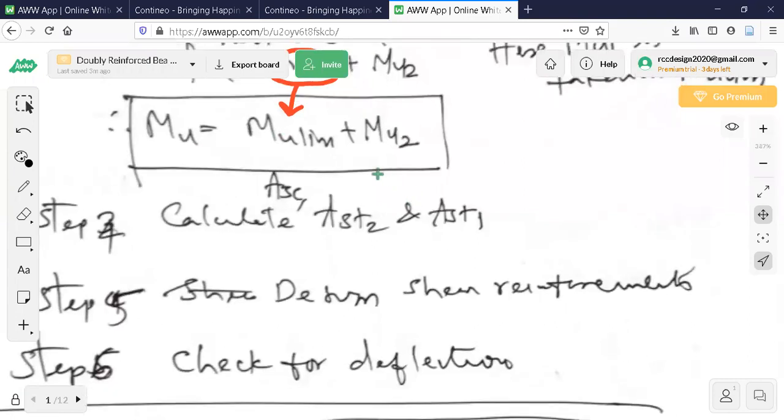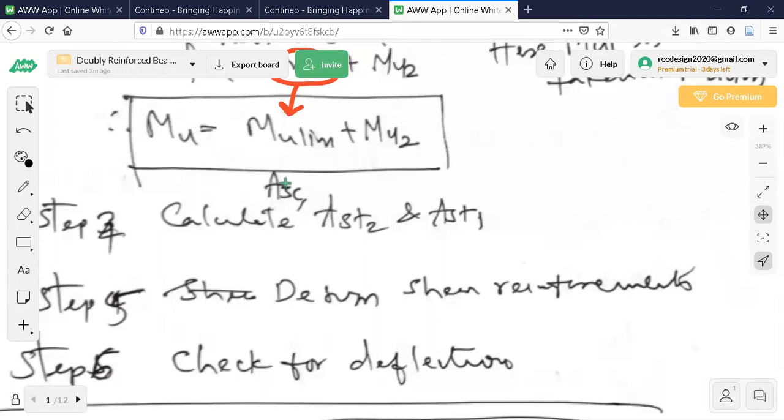So you just have to find out Mu2, and Mu2 must be used two times to find out Ast2 and Asc. Mu2 is equal to Mu minus Mu limit.